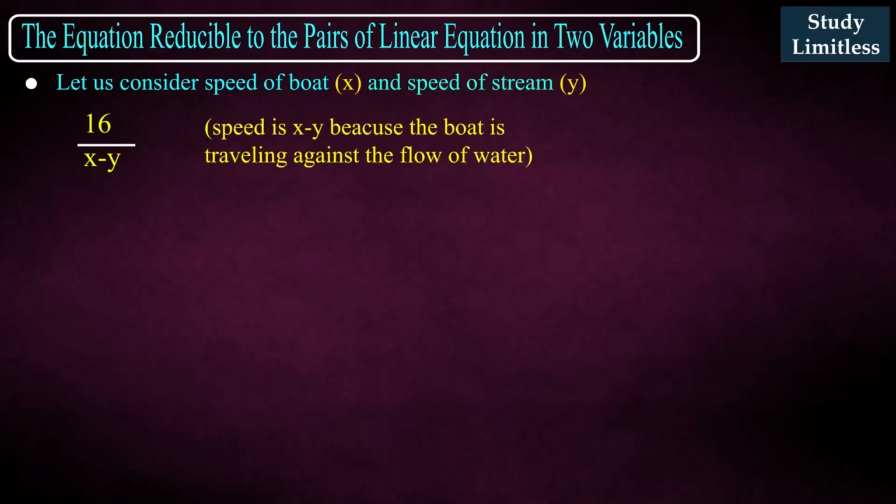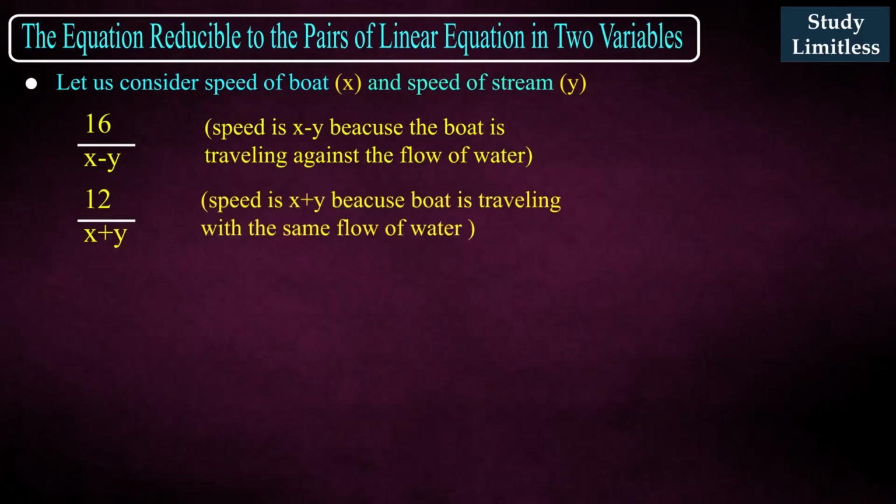Here the speed is x minus y because the boat and the stream are in opposite directions. Similarly, for downstream we have 12 upon x plus y, because the stream and the boat travel in the same direction.